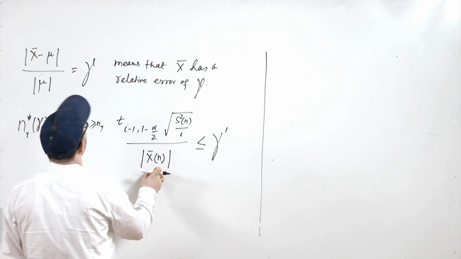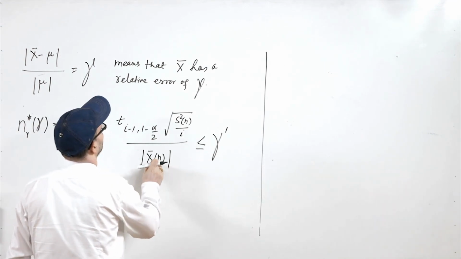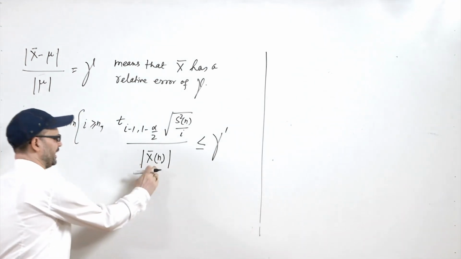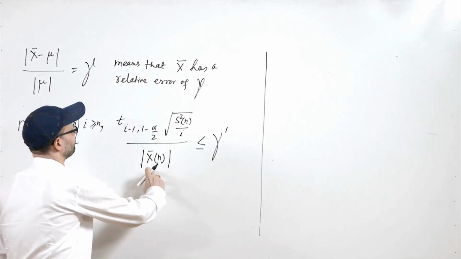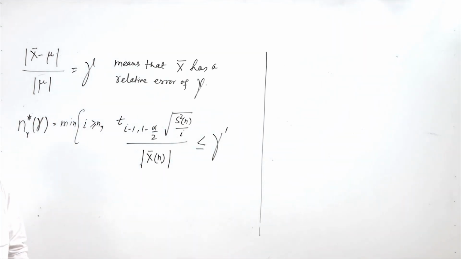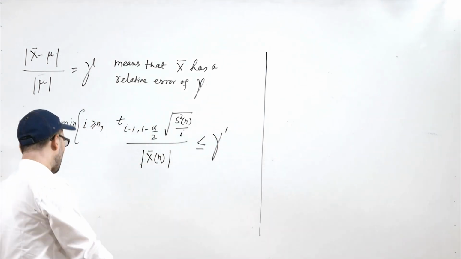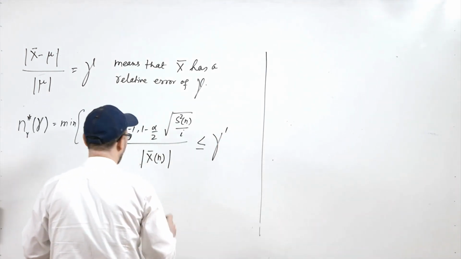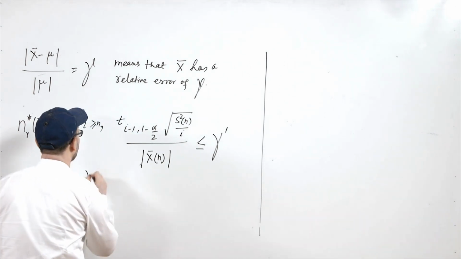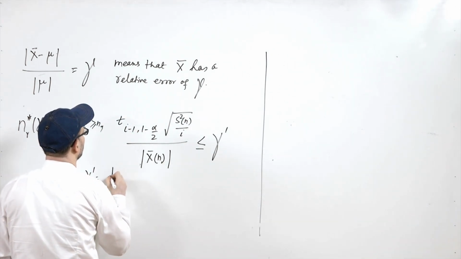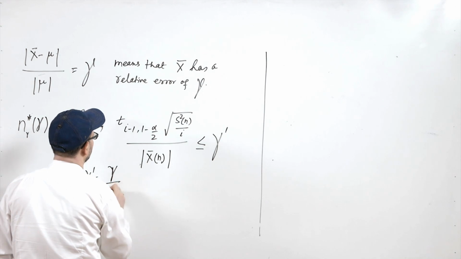Because we are looking relatively with respect to x bar n, after some arithmetic operations this gamma prime comes out to be gamma by 1 plus gamma. So, this gamma prime is gamma by 1 plus gamma.